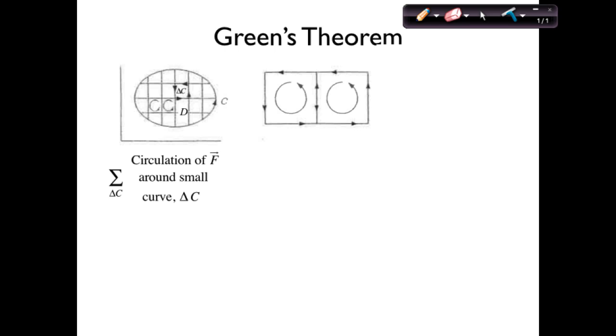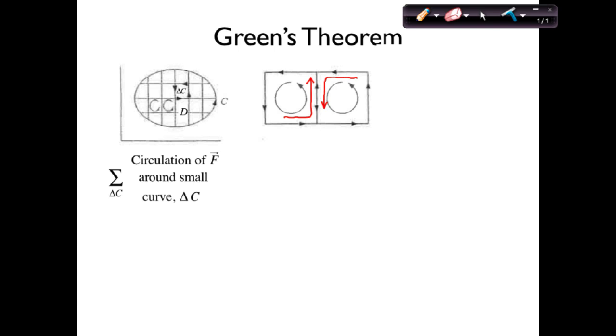So notice, if I do this circulation integral like that, and I add this circulation integral like that, what do you see happens? Yeah? So double counting. In this circulation integral, I'm going to integrate along this path from here to here. In this one, I'm integrating from here to here. So then what happens to those shared edges? Yeah, they're equal and opposite.